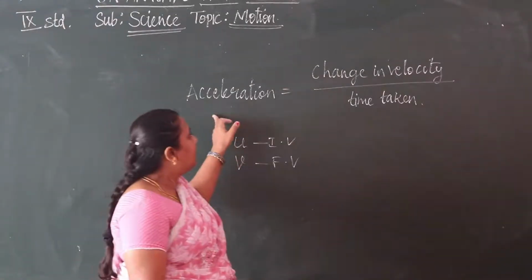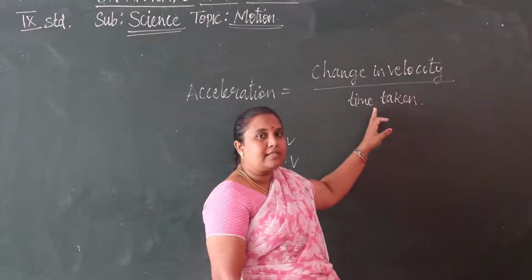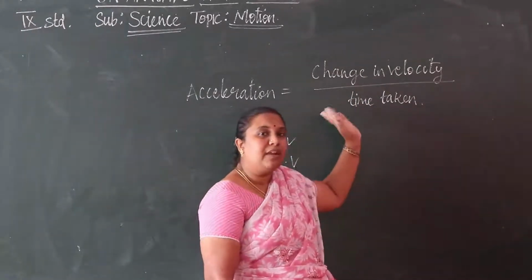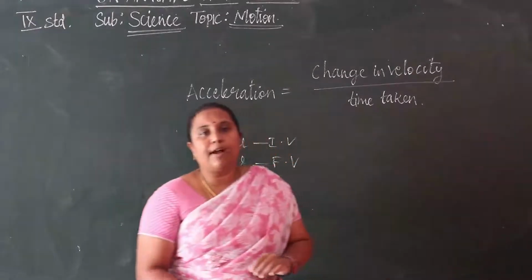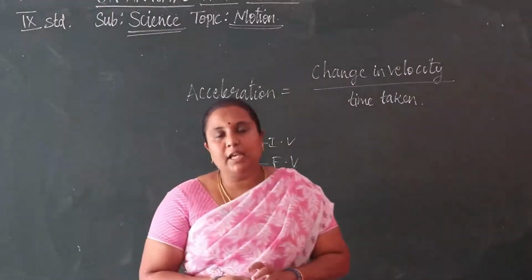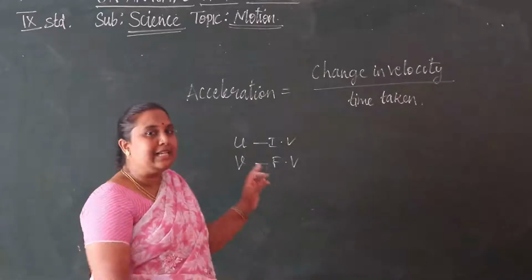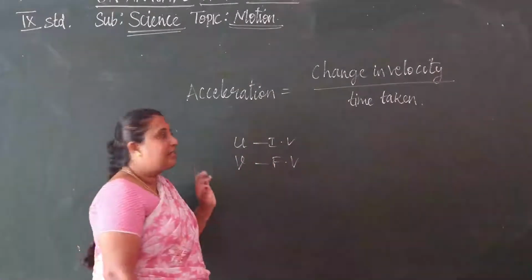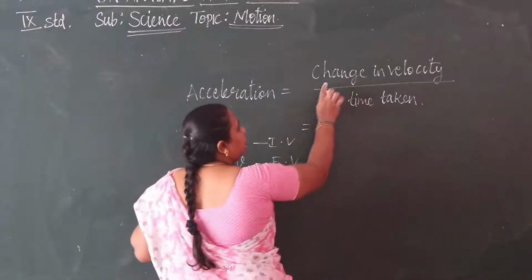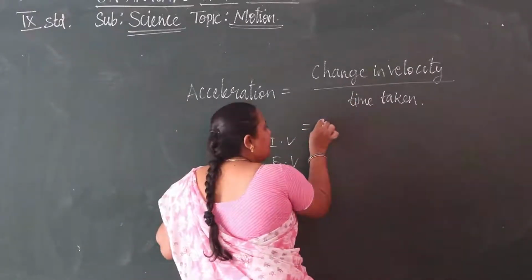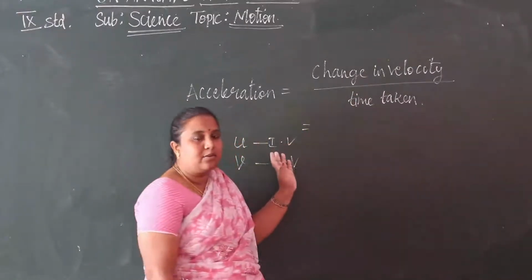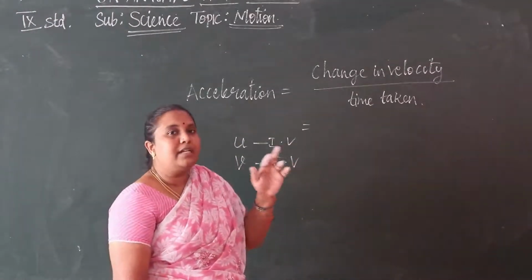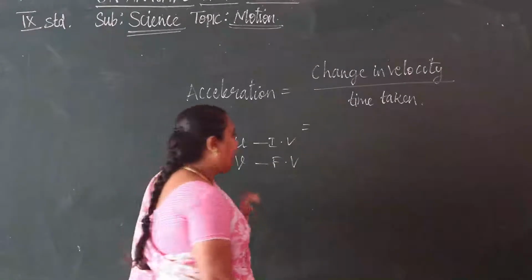So here acceleration equals change in velocity by time taken. Change in velocity means we want to find the difference between the initial and final velocities. So we find the final velocity minus the initial velocity, by time taken.